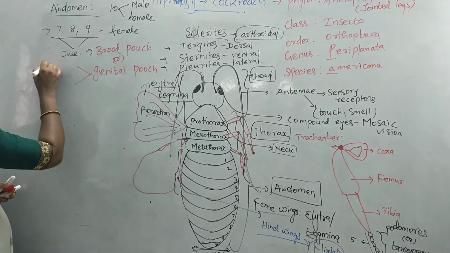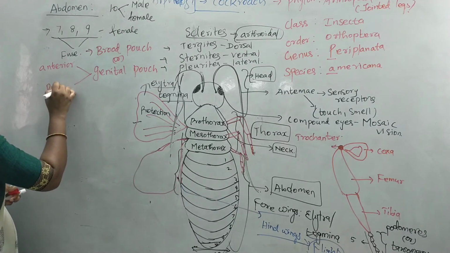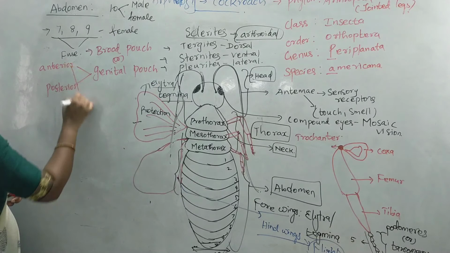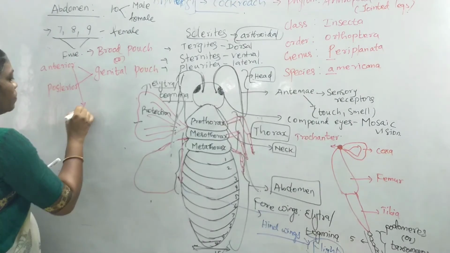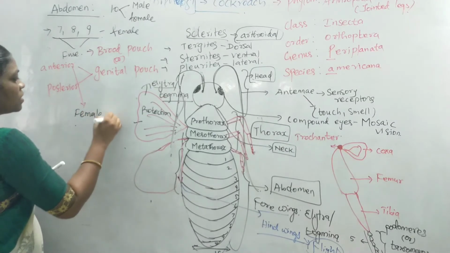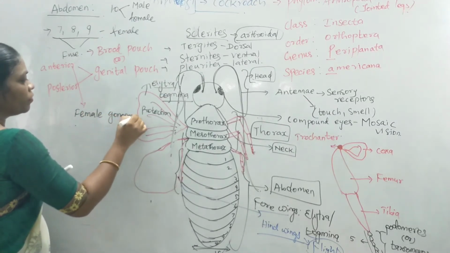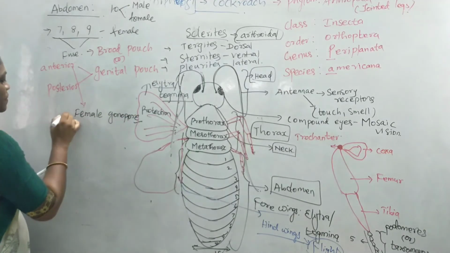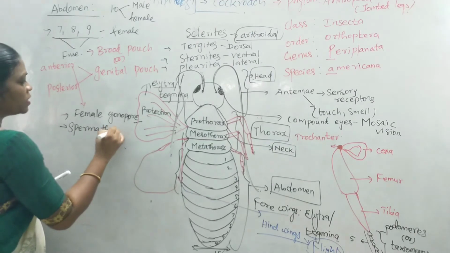This pouch has an anterior part and a posterior part. The anterior part has the female gonopore, the reproductive opening. It also has spermathecae, which help store sperms during copulation.